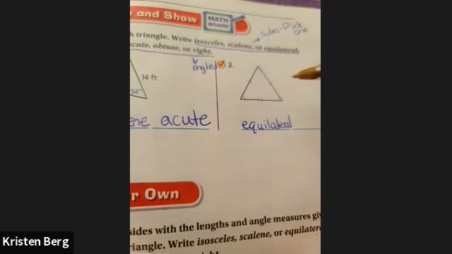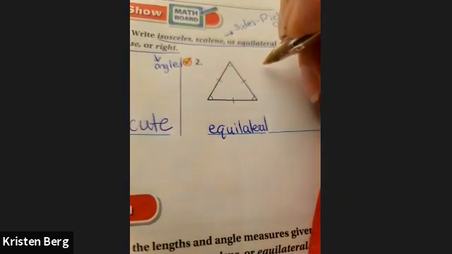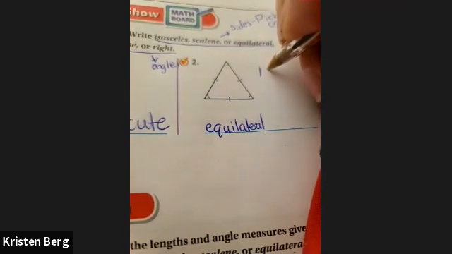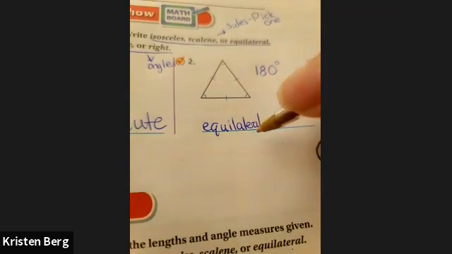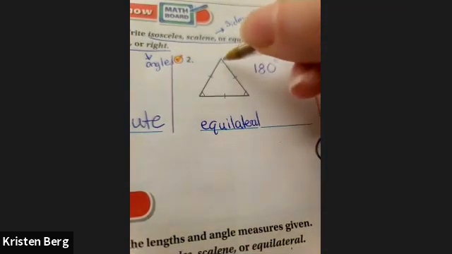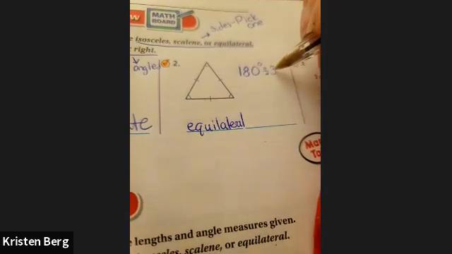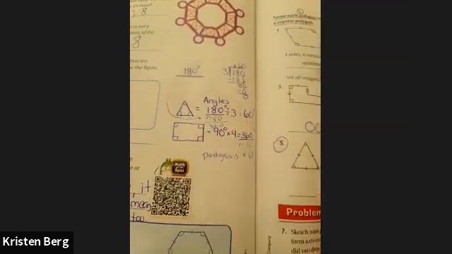Now, here's the thing. When they are equilateral, remember when I said in the previous lesson that each triangle is always 180 degrees. Well, if they are equilateral, that means that all the angles are the same as well. So if we want to divide this evenly by 3, we did do this in a previous lesson. If you divided it by 3, it came out to be 60 degrees for each one.